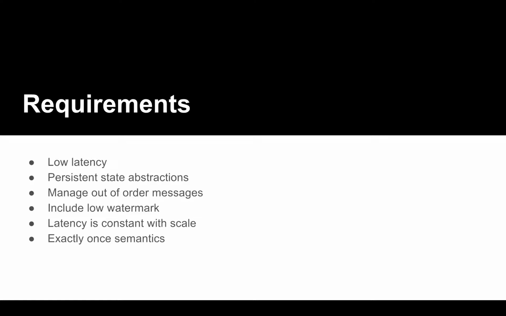You need to get that right. And so exactly-once semantics is important. And as we know, that's also difficult. Getting at-least-once or at-most-once is an easier problem. Getting exactly-once and maintaining your performance is a much more difficult problem.